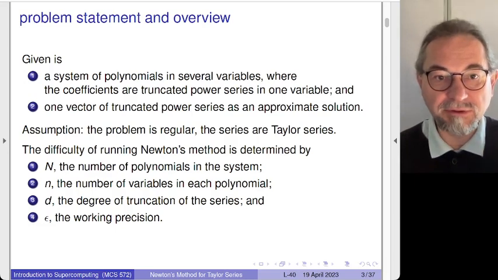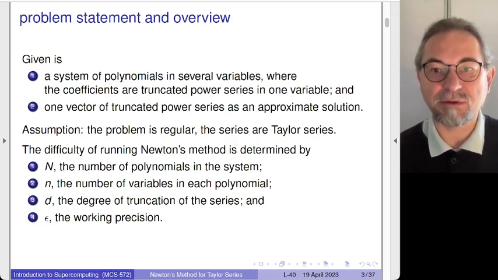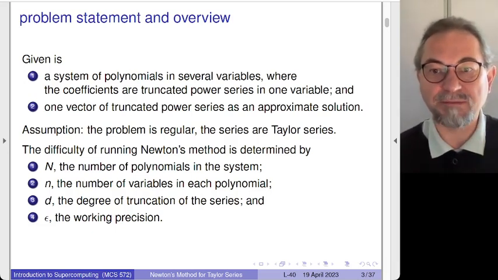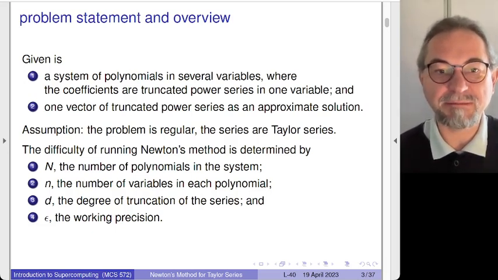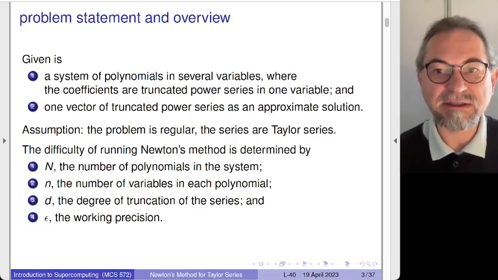So the other part of the input is a vector of truncated power series. So we have several variables. For every variable, we have leading terms in a power series development. So the series that we consider here in this lecture are Taylor series.